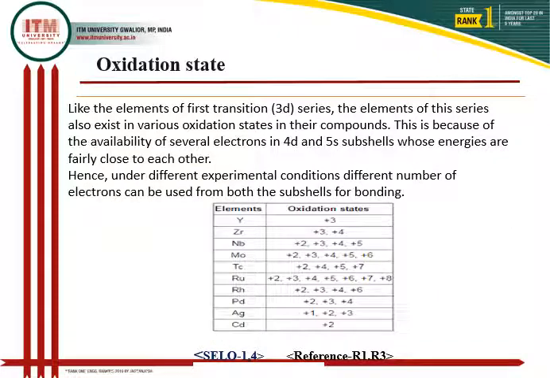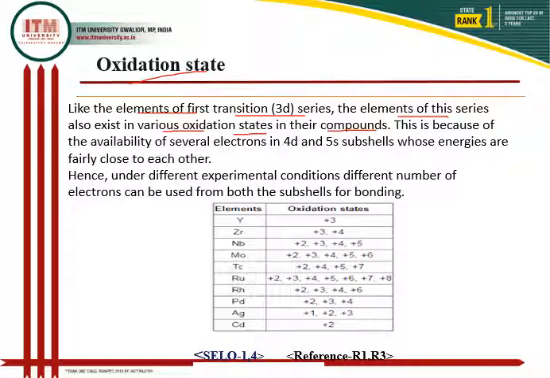The second important characteristic we now talk about is the oxidation state. We have seen the oxidation states of the first transition series in unit 1, and similarly the elements of the second and third transition series also exist in various oxidation states in their compounds.